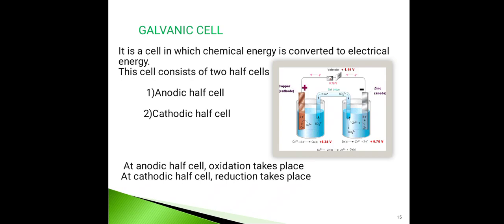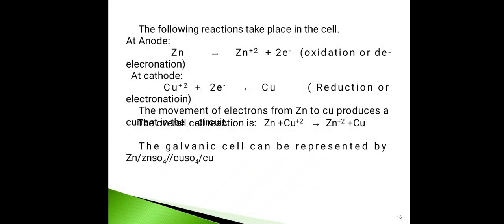And here the two electrolytic solutions are connected through a salt bridge. In this case, the zinc electrode undergoes oxidation and hence it will act as an anode, whereas copper undergoes the process of reduction and hence copper can act as cathode.